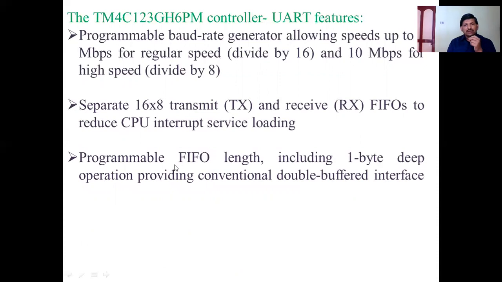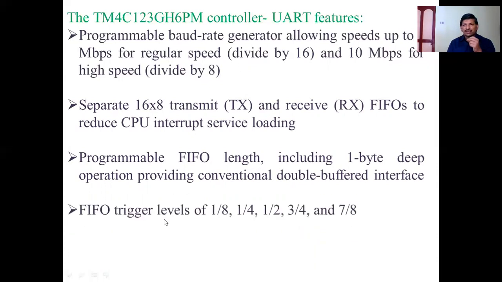Next, it contains a programmable FIFO length, first in first out length, including 1 byte deep operation, providing a conventional double buffered interface. Next, it contains different trigger levels: 1 by 8, 1 by 4, 1 by 2, 3 by 4, and 7 by 8.